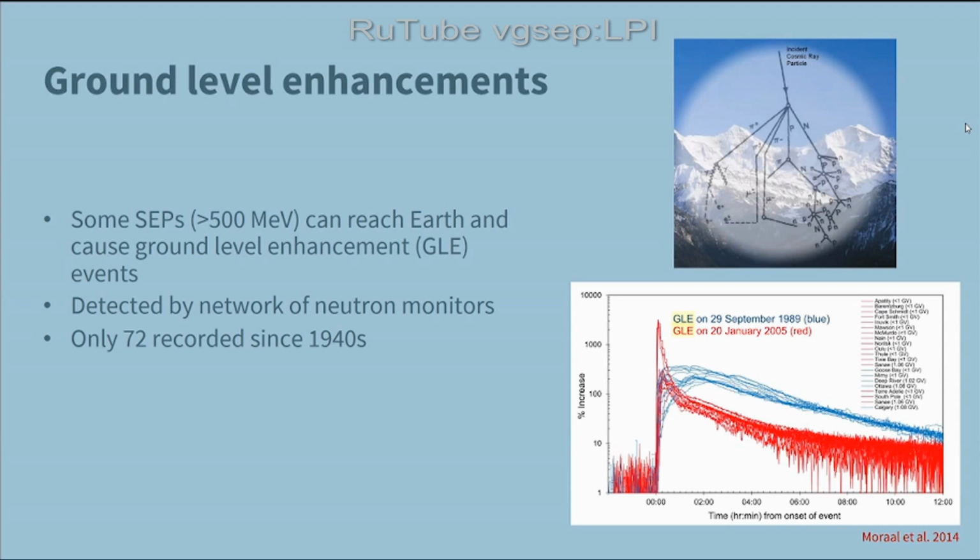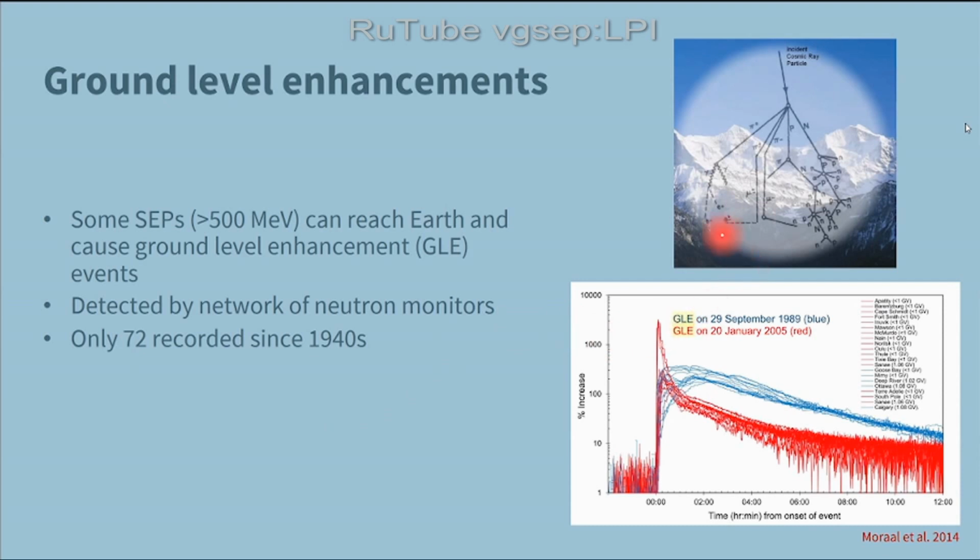I've just shown a little diagram here on the top of a solar proton hitting the atmosphere or the magnetosphere, some complicated cascade reaction, which I'm not going to go into, and then the neutrons are detected down at ground level by this network of neutron monitors, which there were a few talks on yesterday. There's another typo here. It's actually 73 GLEs have been recorded since the 1940s. So they're quite rare, but obviously they're these very powerful SEP events, which are very interesting to study.